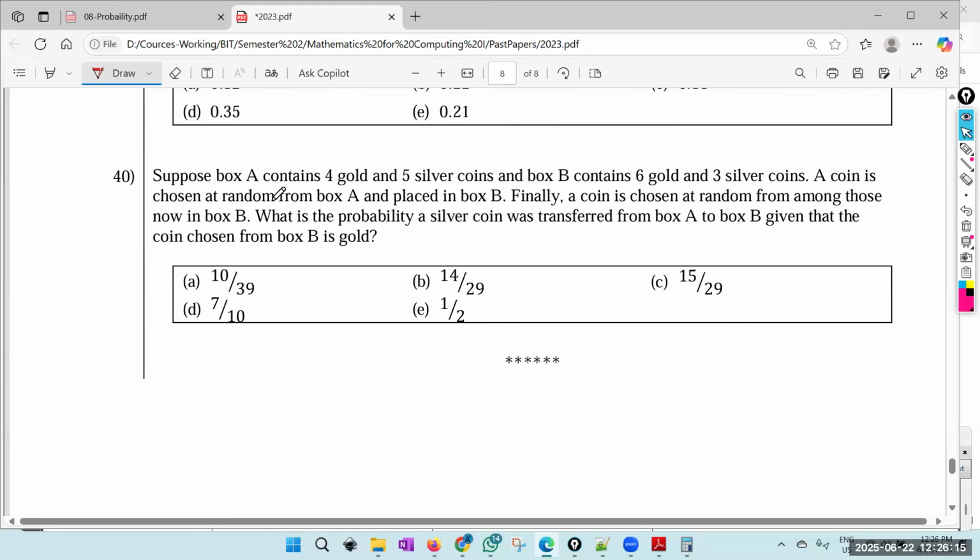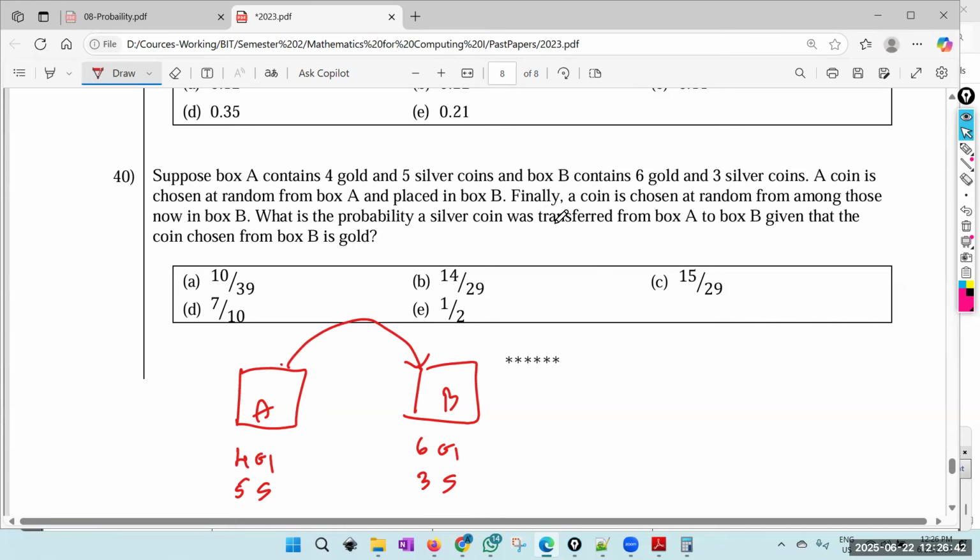Suppose box A contains 4 gold and 5 silver, and box B contains 6 gold and 3 silver. A coin is chosen at random from box A and placed in box B. Finally, a coin is chosen at random from among those now in box B. This is your step number 1, this is your step number 2.